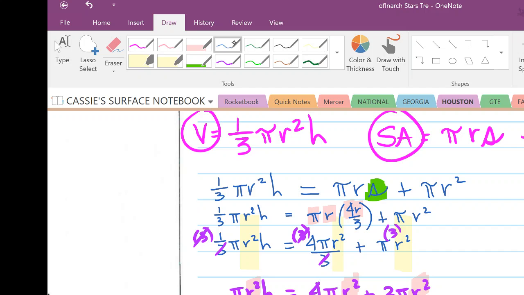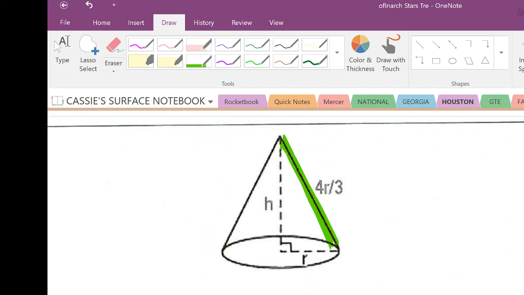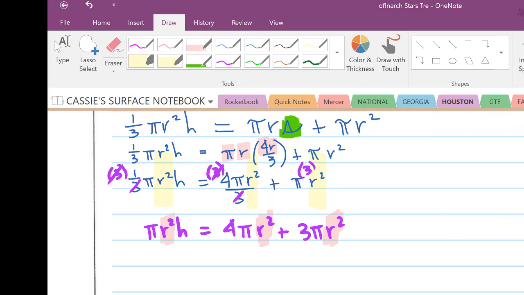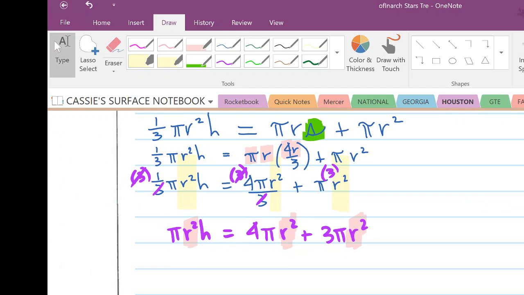However, I don't know what r is, but I do know it's not 0 because the radius represents a thing that actually exists. This is a figure that has happened. It's right here and I can see it, so I know that the radius is not 0. So in this case I am allowed to divide through by r squared. And again, I would not be allowed to do this unless I knew r cannot be 0.